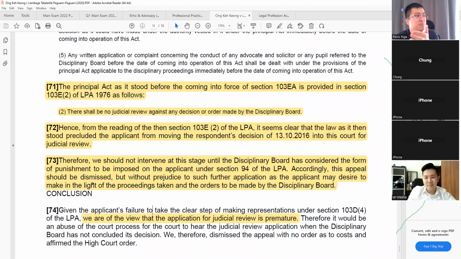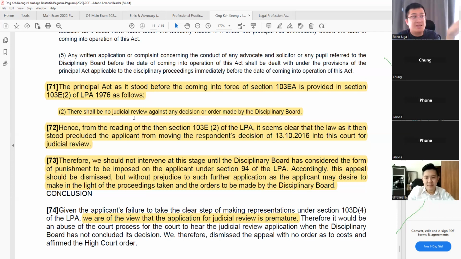Accordingly, this appeal should be dismissed, but without prejudice to such further application as the applicant may desire to make in the light of the proceedings taken and the order to be made by the DB. Which means they are not denying your right to file judicial review. They are just saying, since the DB hasn't even made the final order, final punishment yet, why do you want to file judicial review at this stage? Your judicial review is premature, okay?